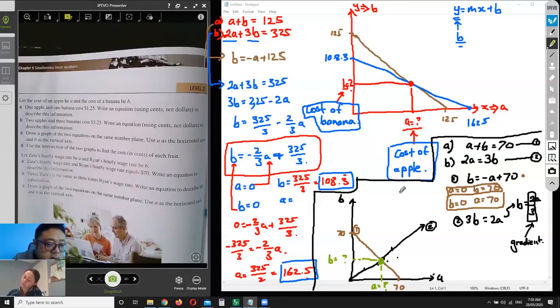So what is the question? Use the intersection of the two graphs to find the wage. Oh, so that's just Zara's wage equals Ryan's wage. That's right, those values. Okay. Got it? Brilliant.